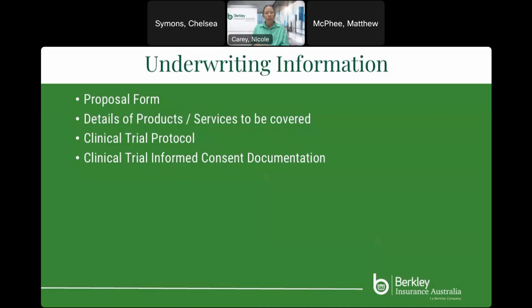So when we're looking at informed consent documentation, we're looking at information that's really easy to understand. If the informed consent form and the information provided to the volunteer is very scientific in nature, it's going to be hard for a general person to understand what the potential effects could be on them if they participate in the clinical trial. As an example, under the FDA in the US, it has to be at a year 8 reading level.